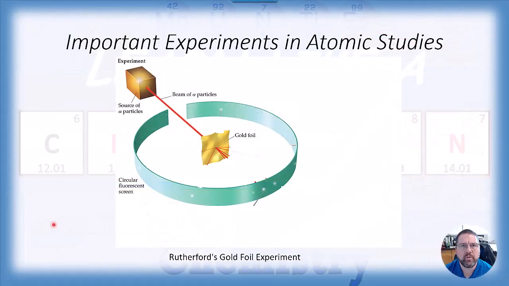So along with the cathode ray tube experiment and also Millikan's oil drop experiment, which helped to characterize the negatively charged particle in the atom, the electron, it was known then that there had to be something positively charged.